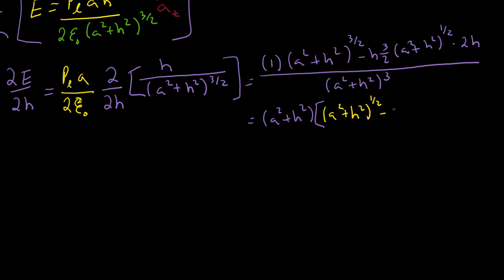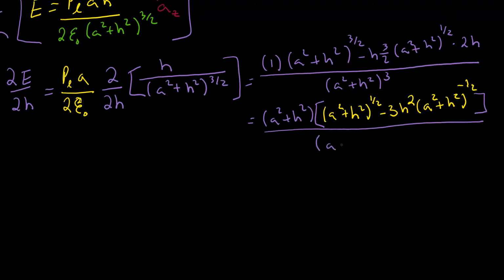So minus 3H squared actually, and since we're taking away 1 from the exponent, that's (A squared plus H squared) to the negative 1 half. I hope everything is right so far. Then divided by (A squared plus H squared) to the 3 halves squared.